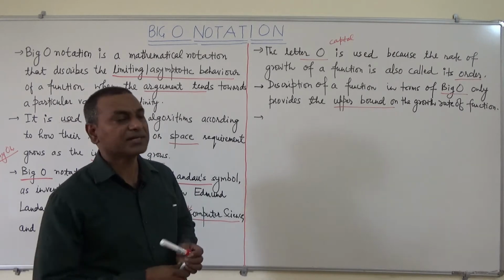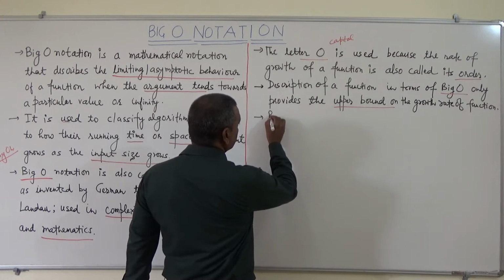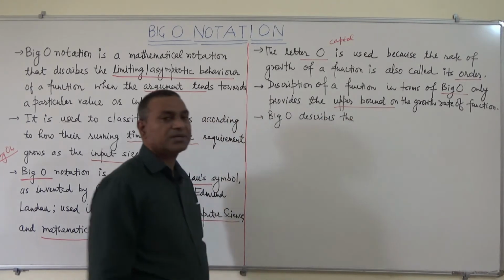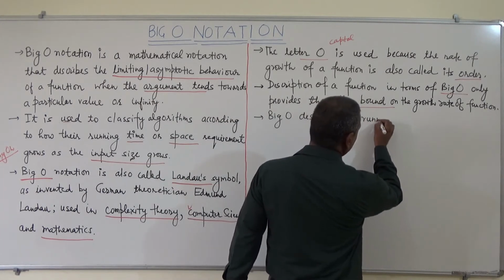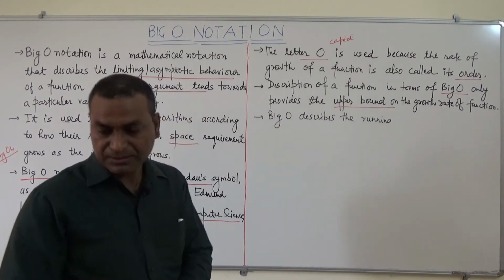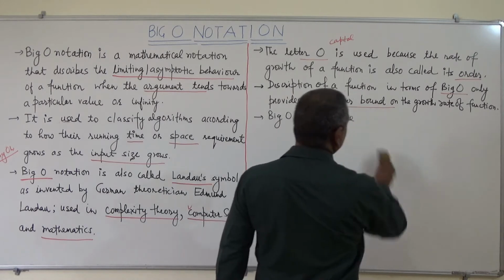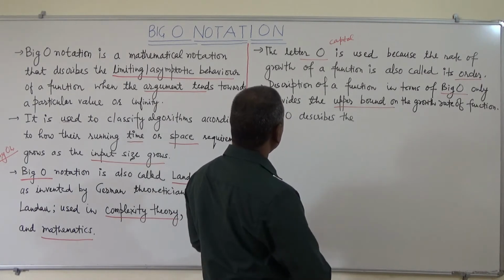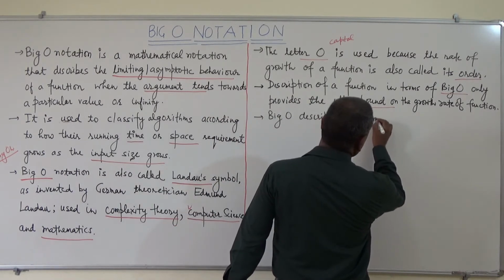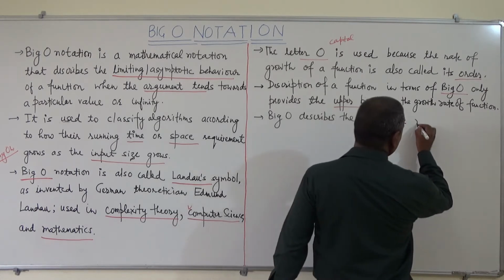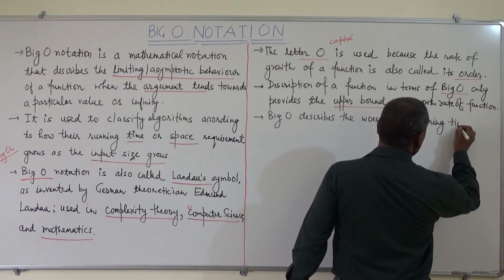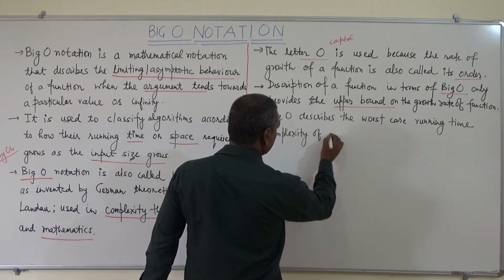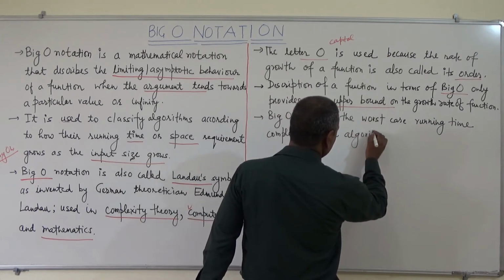So we can further say this big O describes the worst case running time complexity of an algorithm.